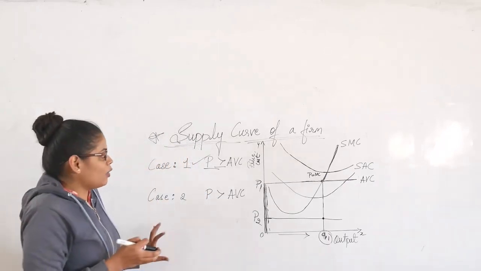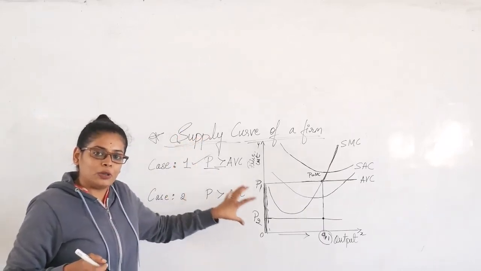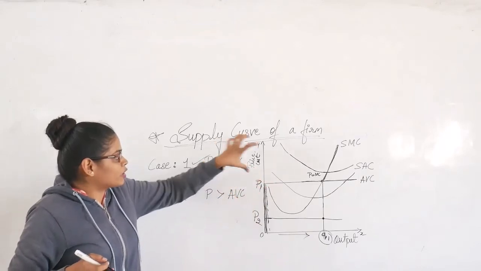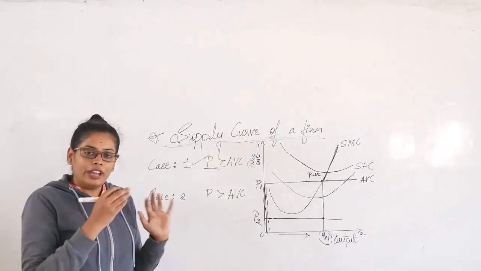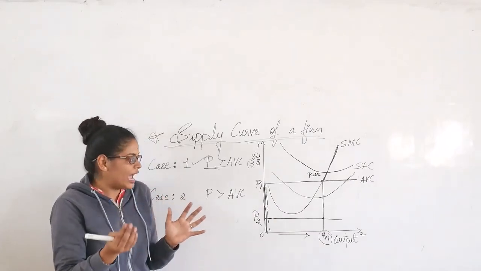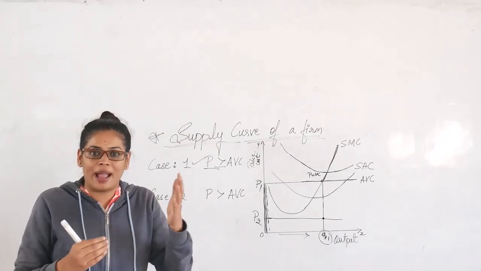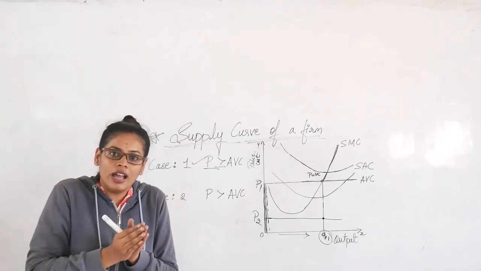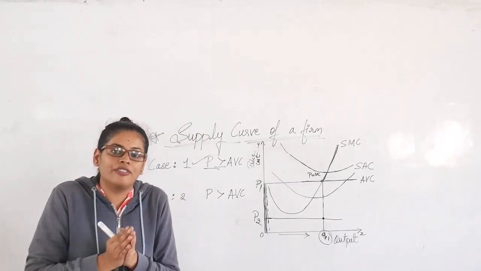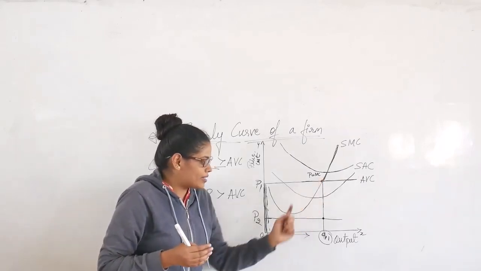This is how we understand both cases with respect to the supply curve. If we understand these two cases, it helps us understand at what level of output the firm is going to make its profit maximum.